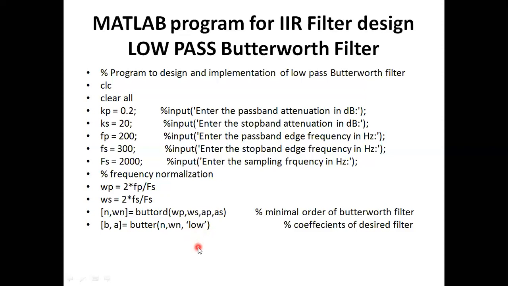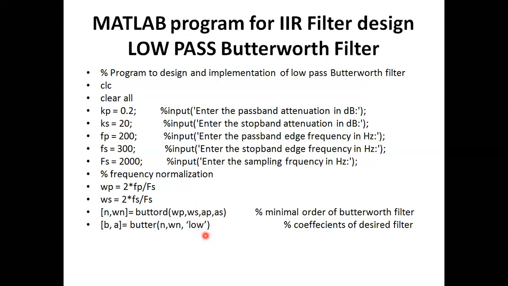If you are designing a high pass filter, write here high. And according to that, you need to write the frequencies also, whether low pass filter, high pass filter, or band pass filter. For band pass filter, two frequencies will be there; for band reject filter, two frequencies will be there. So this is the command for finding the coefficients of the desired filter.